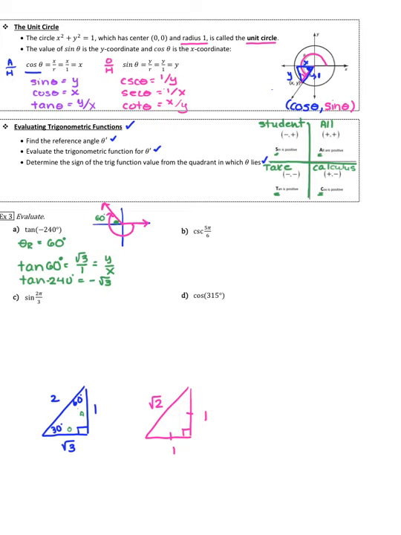All right, so we have here in example B, cosecant of 5 pi over 6. So we know that our reference angle, remember you just pick off the acute part of that, is pi over 6. Remember that's 180 divided by 6, which is 30 degrees.